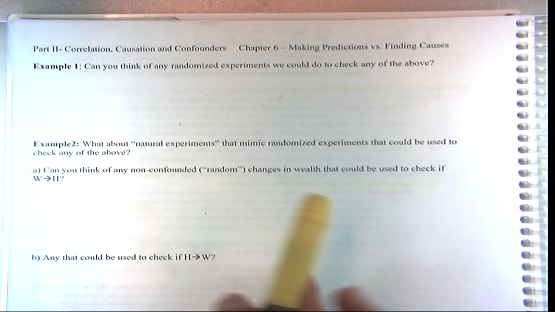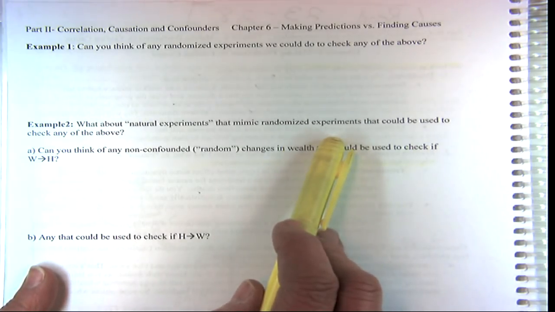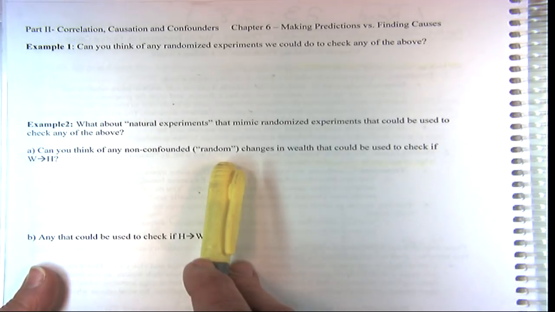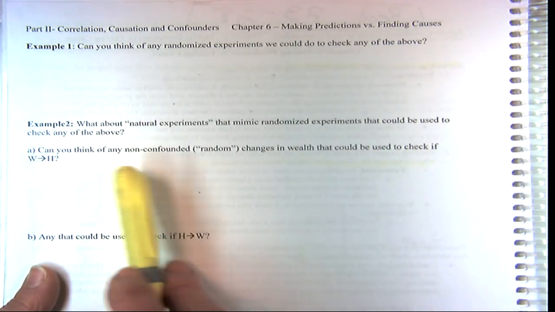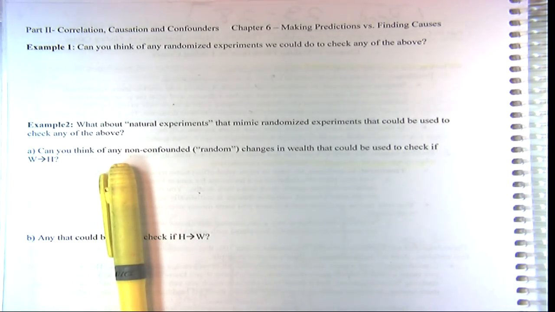So then what do you do? You look for natural experiments that mimic randomized experiments that could be used to check. Can you think of any random changes in health that just occur that could be used to check if wealth increases health? Like, can you think of something that occurs anytime people randomly get rich? That could be sort of a natural experiment.